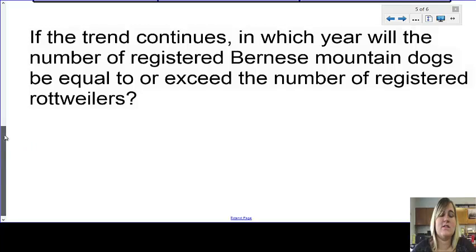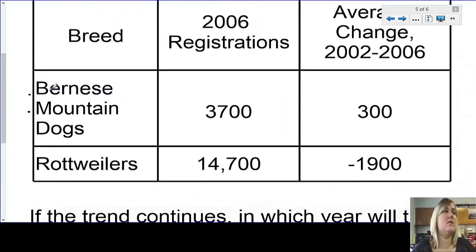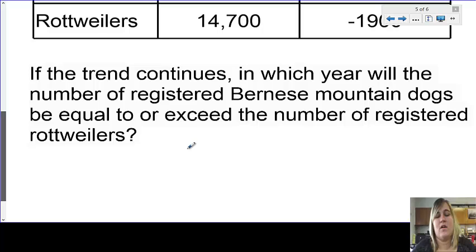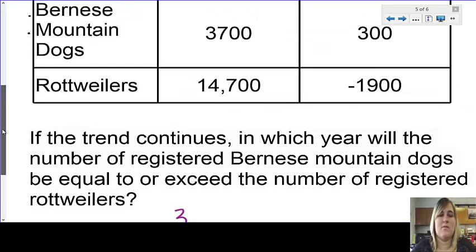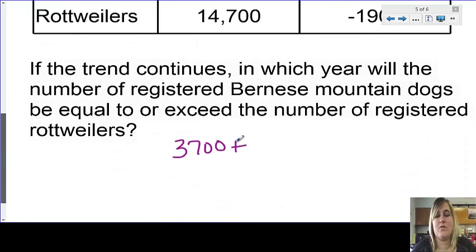So we have to create an inequality for this. So we can see that there are 3,700 Bernese Mountain Dogs in the first place. So I'm going to have 3,700 plus, because it's an increase of 300, x, okay?